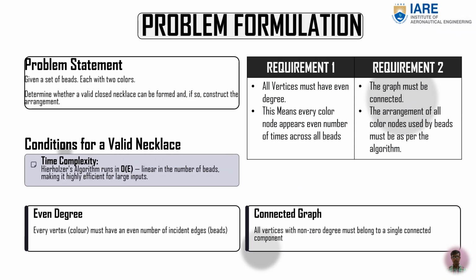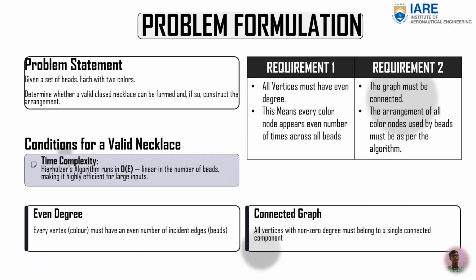Now let's go through the problem formulation. The problem statement is that, given a set of beads, each with two colors, we have to determine whether a valid closed necklace can be formed, and if so, construct the arrangement. Here we have two requirements. The first requirement is that all of the vertices must have an even degree.